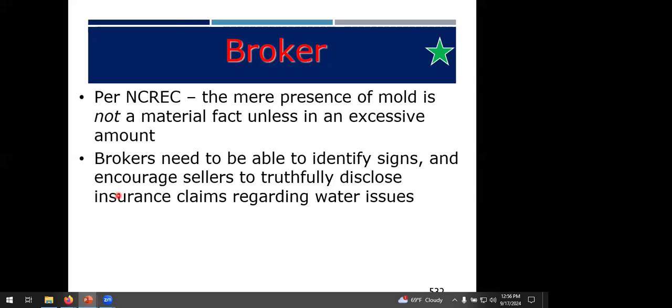Maybe the roof leaked, maybe the upstairs bathroom leaked, maybe it's a basement that leaks when it rains. Water belongs on the outside. Water on or in a home is generally not good. It causes all sorts of issues. So just be on the lookout for those little red flags.